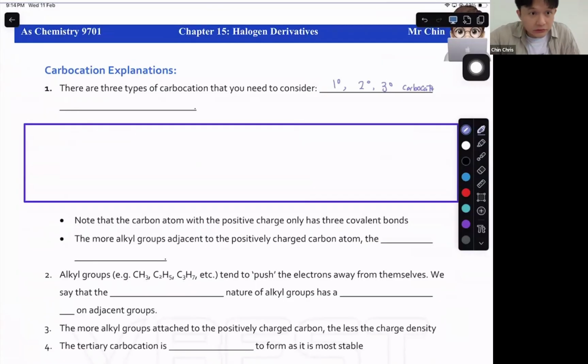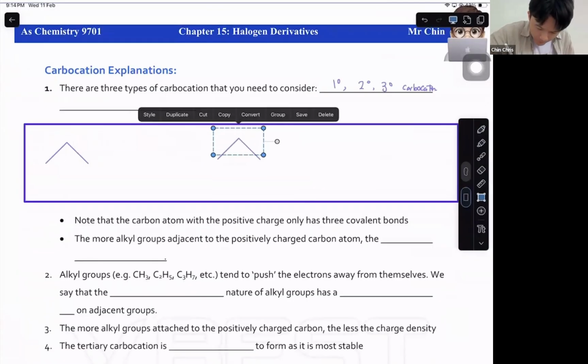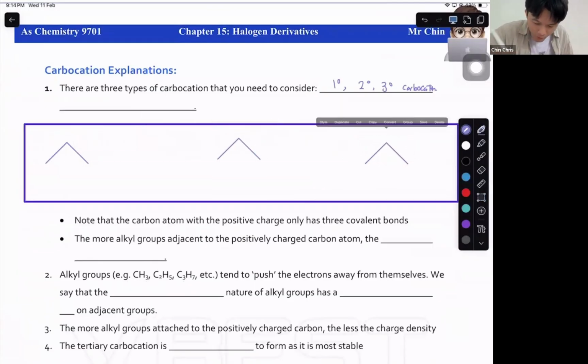You guys know how to draw, right? Primary, secondary, tertiary.